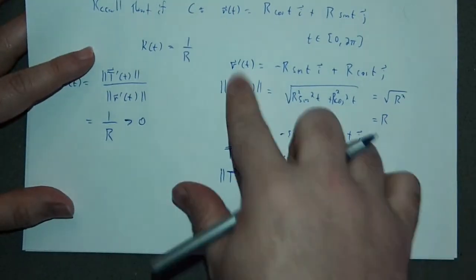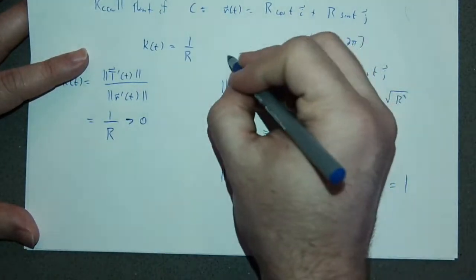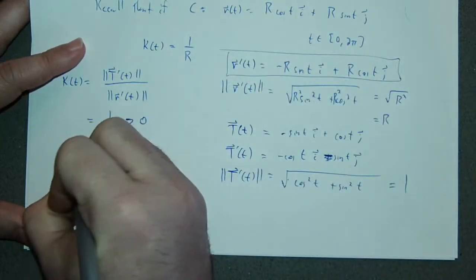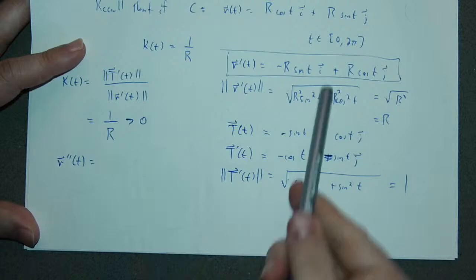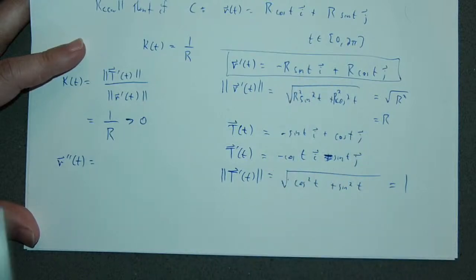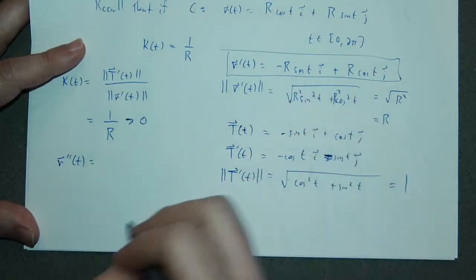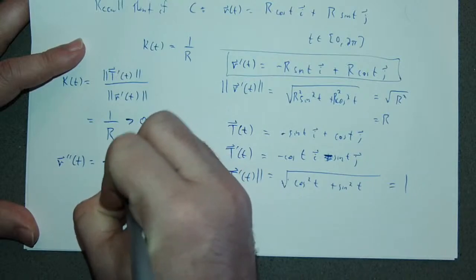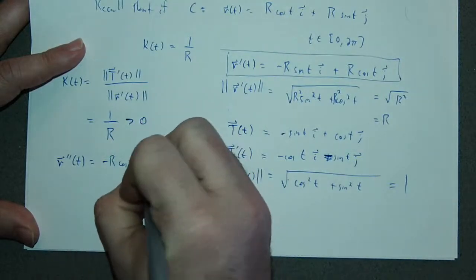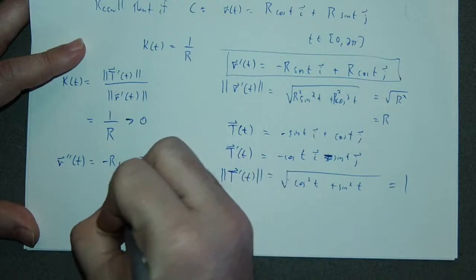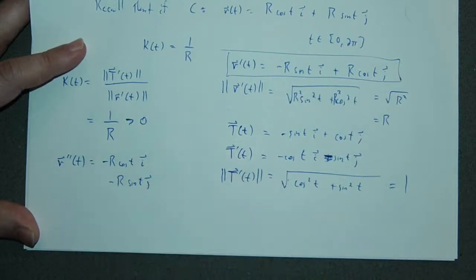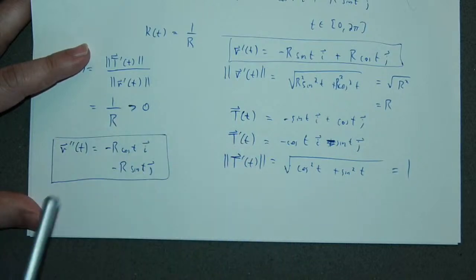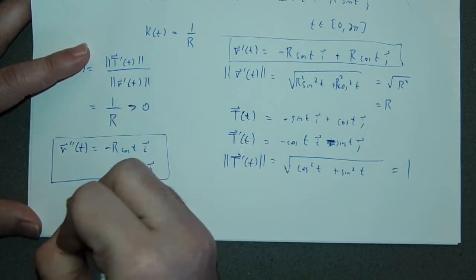Let's compute the things we need here. We have r prime, we need r double prime. So r double prime is minus r cosine t i minus r sine t j. And I need r triple prime as well.